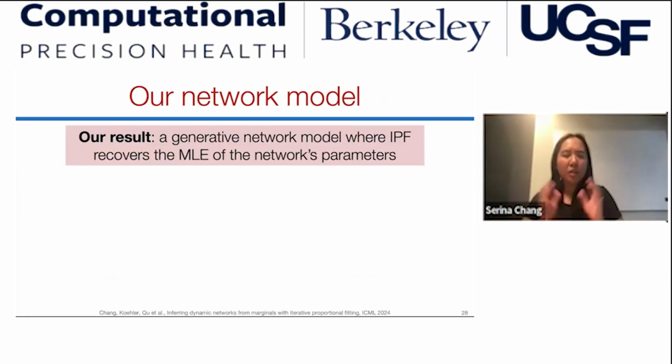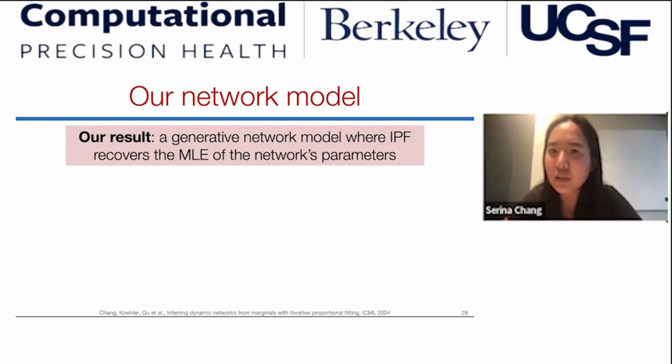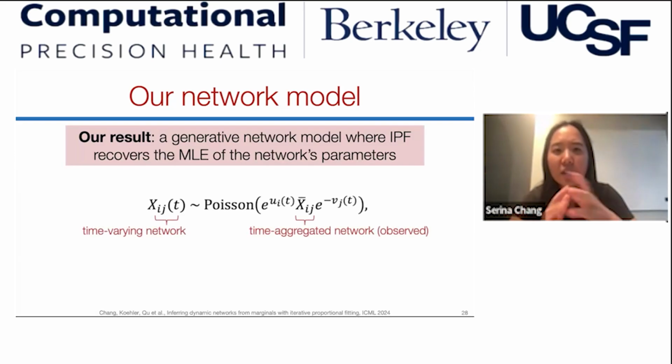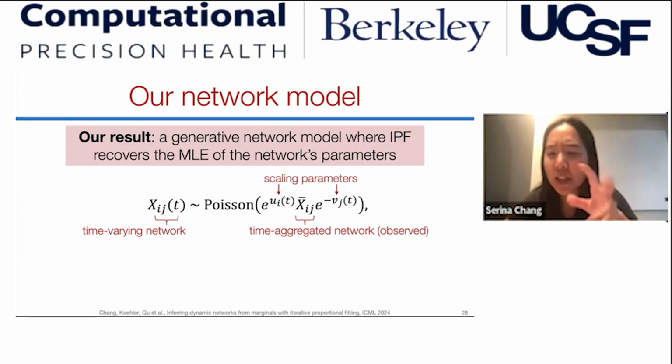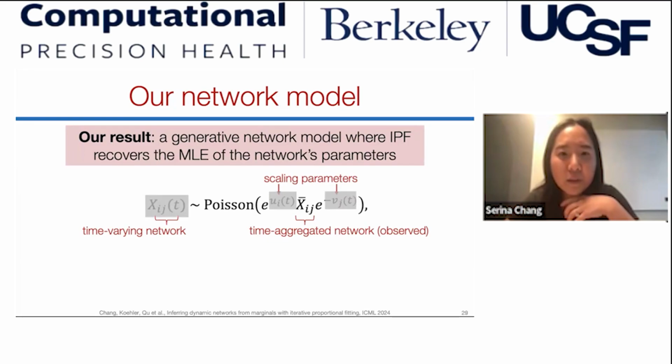And so I'm going to go over the results quickly. We basically come up with a generative network model where IPF actually recovers the maximum likelihood estimates of the network's parameters. Specifically, in this model we have a time-varying network xt and a time-aggregated network x bar. We assume xt is drawn from a Poisson distribution with a mean parameterized by x bar. And we have these scaling parameters that scale x bar, both the rows and the columns of x bar.